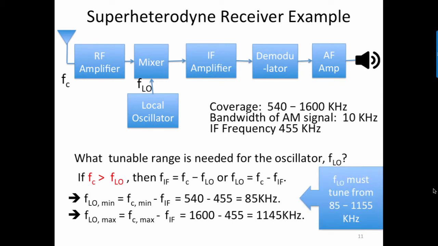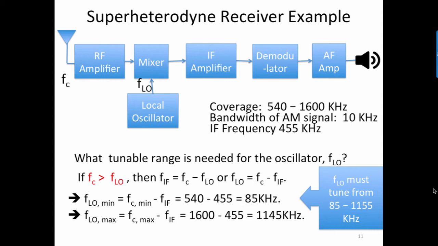Note that in both cases, the local oscillator just covers a range of 1060 kilohertz. However, in the first case, the range extended from 995 to 2055 kilohertz, just double the frequency.